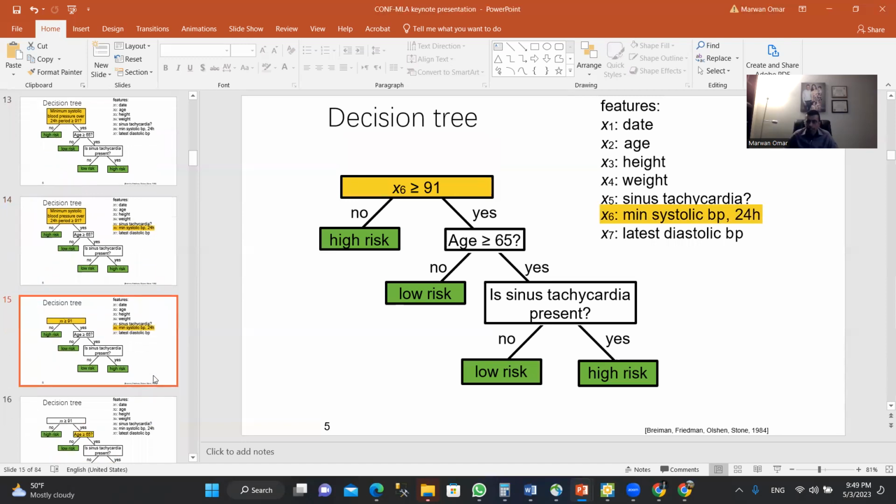And then that's again feature number 6, and we will compare that. If it's greater than or equal to 91, if the answer is yes, the next step is to ask another question, which is the age. Is the age greater than or equal to 65 years? And that's feature number 2, X2.